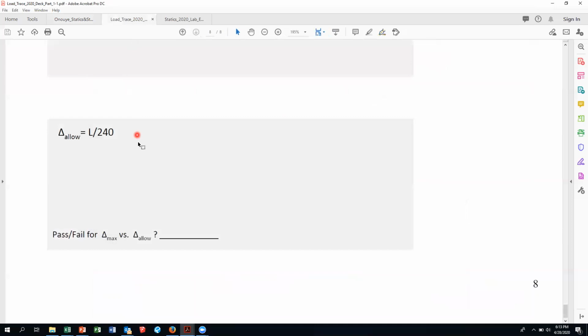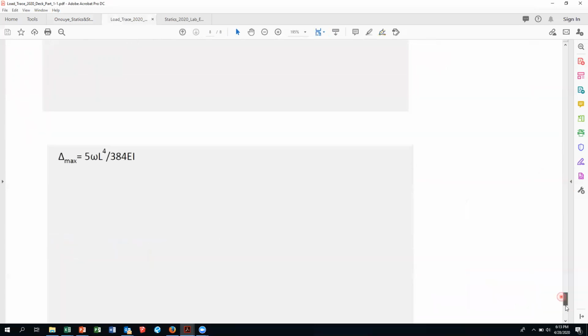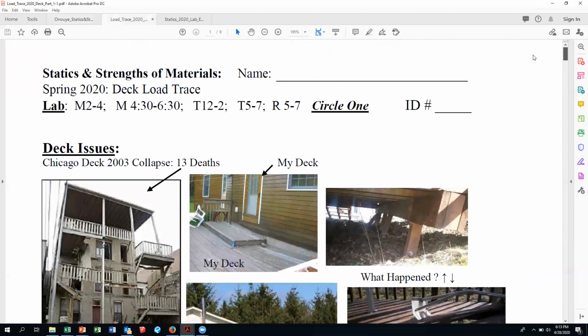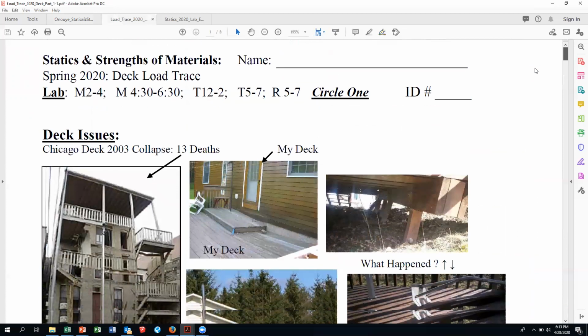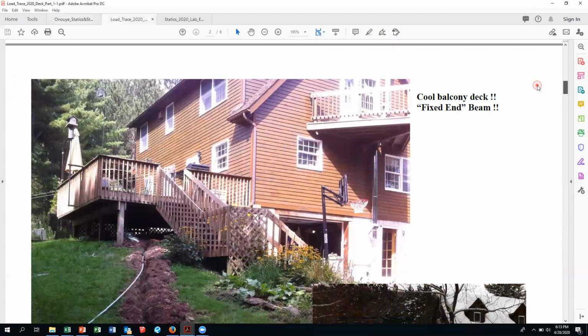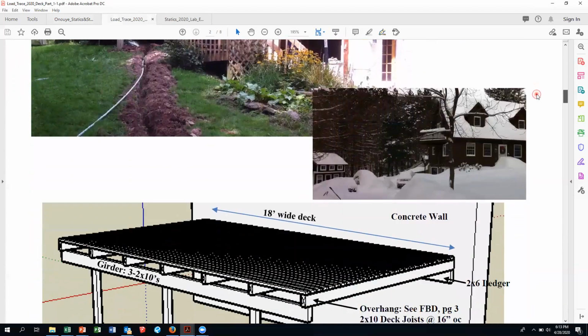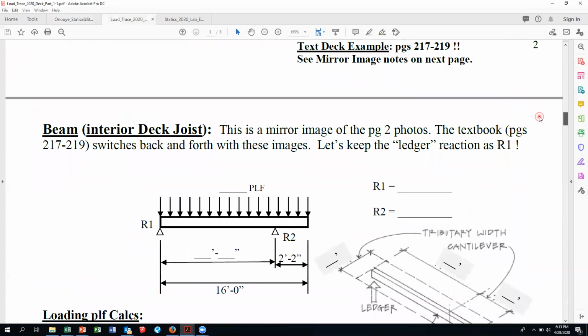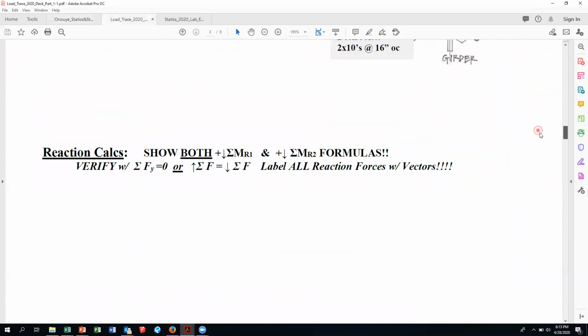So let's look at this. This is the deck load trace, and we just keep adding on to this case study. So we've gone through the loading conditions. We got the reactions.